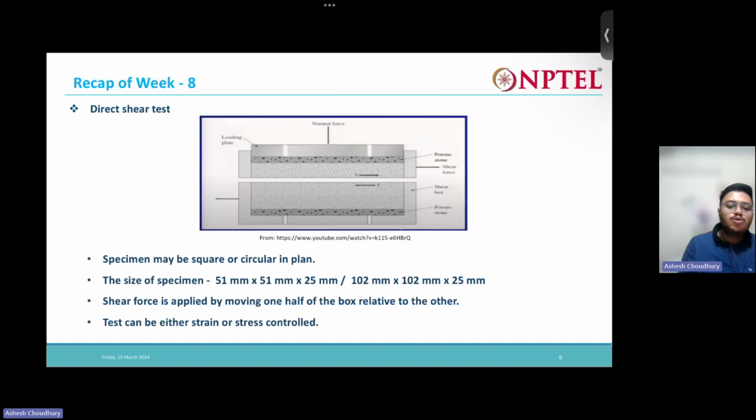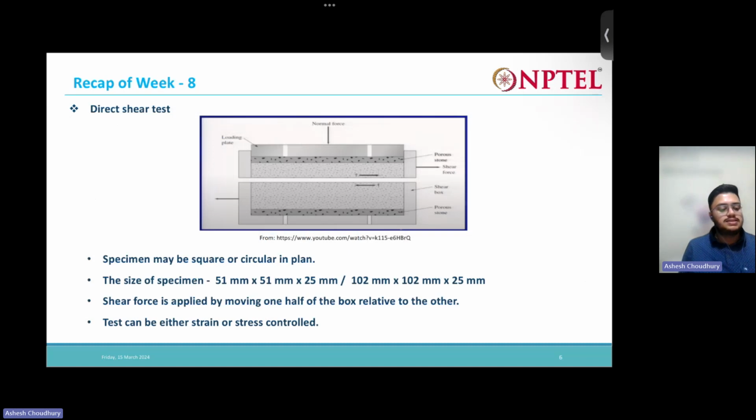So now let us come to one of the tests for determination of the shear strength parameters. When I say shear strength parameters, I mean determination of c and phi.